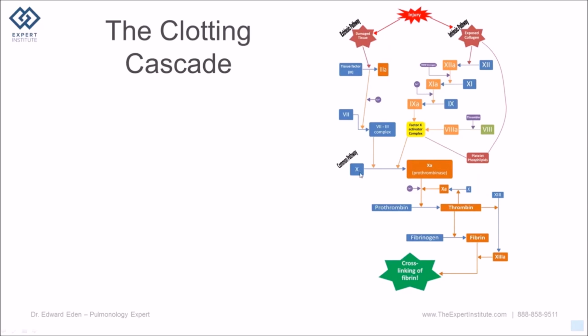The blue ones on the left are inhibited by warfarin. The orange ones in the middle, big orange box, is inhibited by an oral agent, which we'll talk about later, and the smaller orange boxes at the bottom are inhibited by additional newer anticoagulant agents.